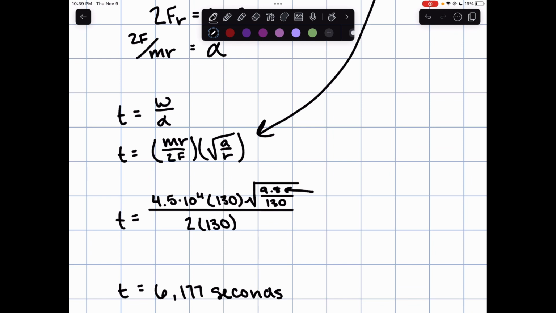We have the mass, we have the radius for this part, and 2, and they gave us a force of 130 newtons. From there, all we have to do is plug it into our calculator to get the time is equal to 6,177 seconds.